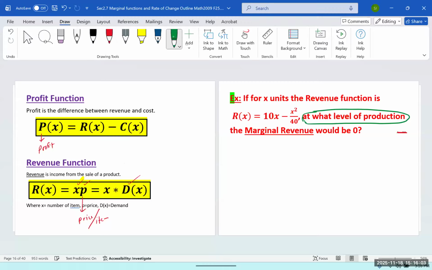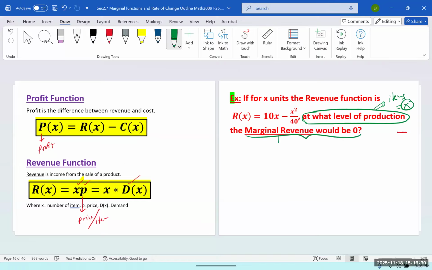What they're asking for? The money or number of items? Level of production is what? Items. Good. And items means X. They're asking for X value. For which X value, the marginal revenue will be 0.